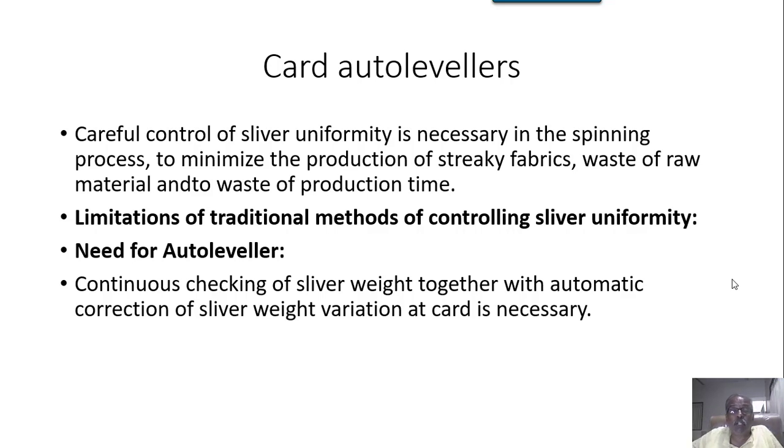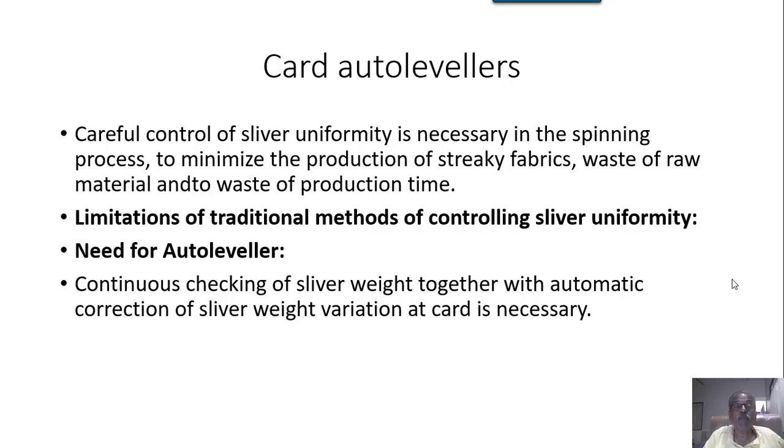The limitations of the traditional method of controlling sliver uniformity are very high, because it was done indirectly. The need for an auto leveler is continuous checking of the sliver weight together with automatic correction of sliver weight variation at the card.